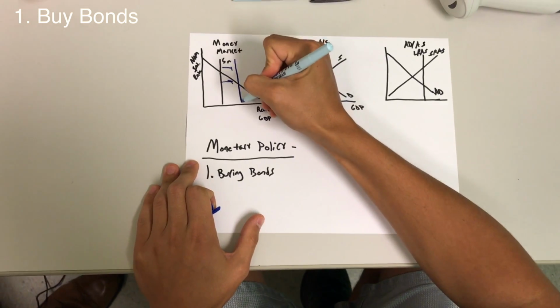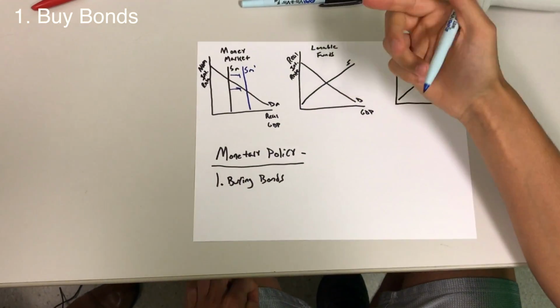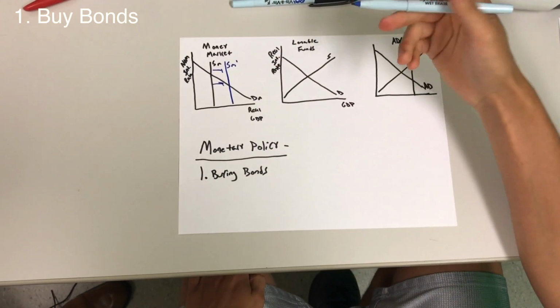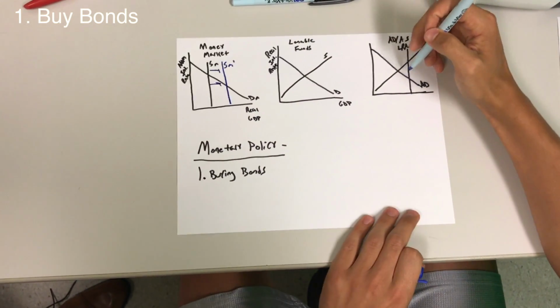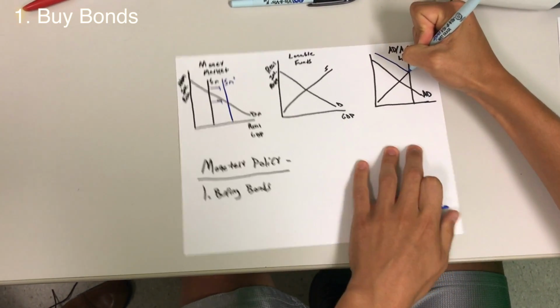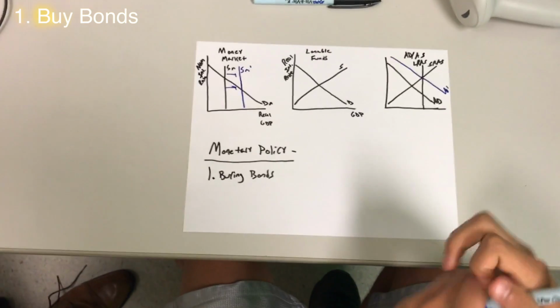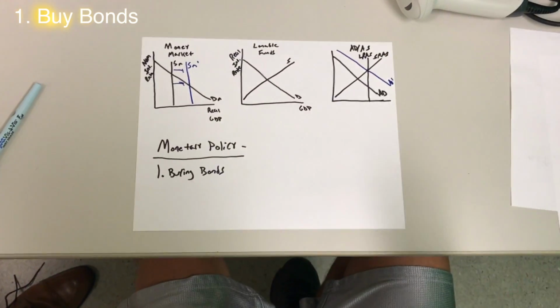You'll have a new S sub M prime, which obviously lowers the interest rate, which is then going to increase investment. And AD is going to eventually slide up right to where it should be, and you close the gap. So that's the first way.